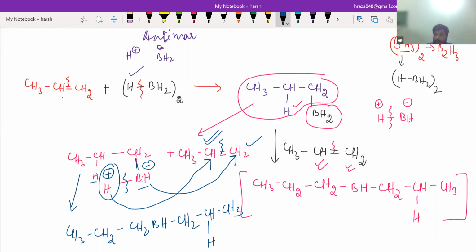And again, there will be the third step, because we don't need boron in the product. We need to make alcohol.